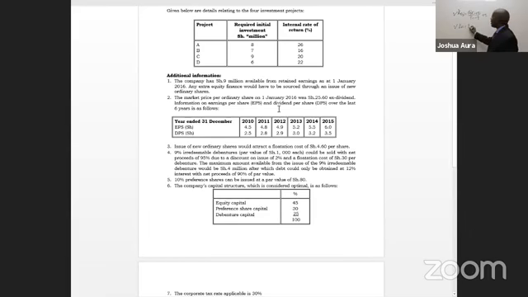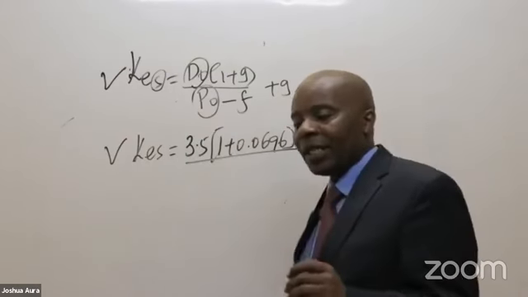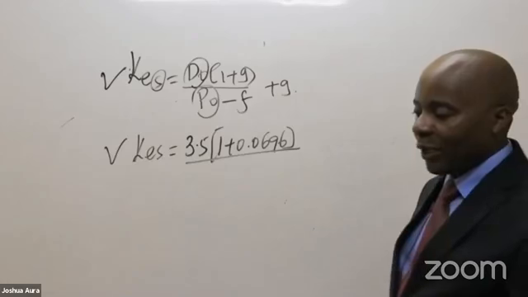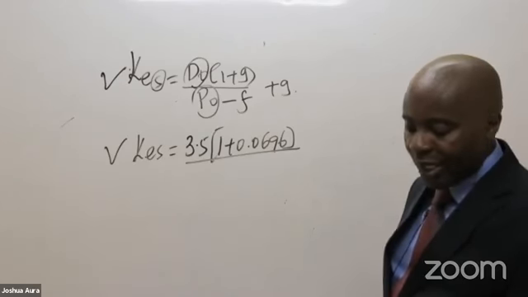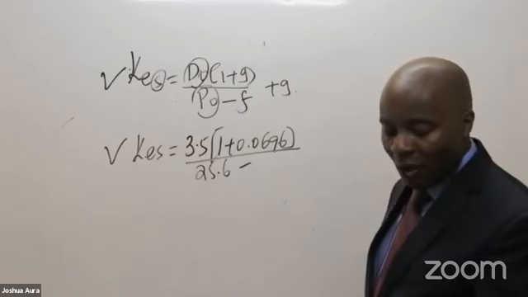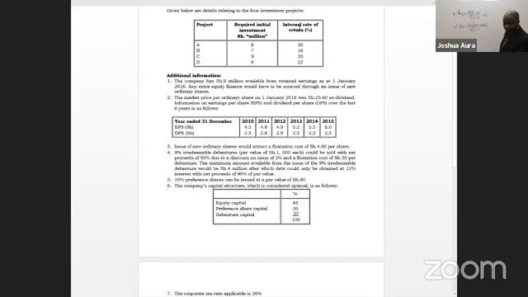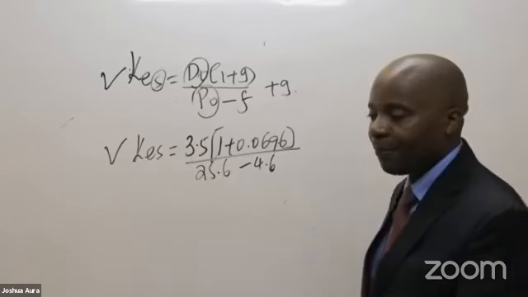So we have here 3.5 into 1 plus the growth rate, all over the current market price per share of 25.6 minus our flotation cost. They have told us that each share attracts 4.6.